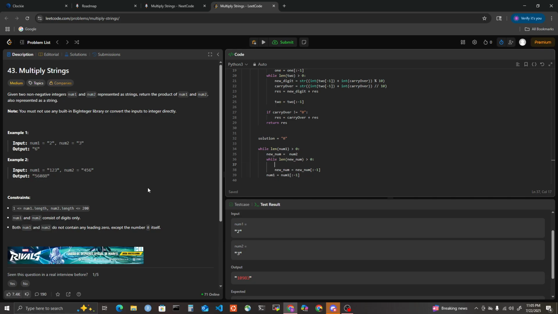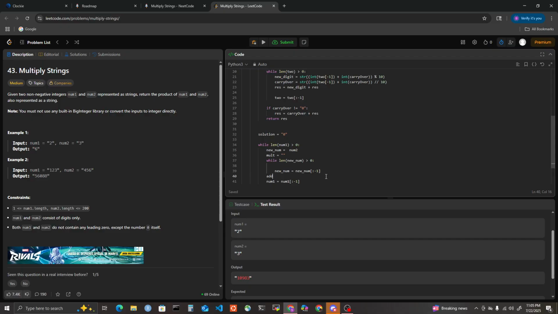Okay, then it's going to basically be, we're gonna put a multiplication here. Put that mult here, and I'm gonna say that solution equals add solution mult.